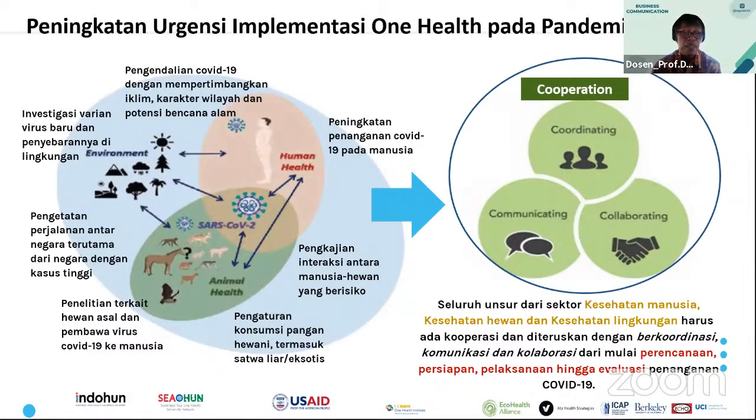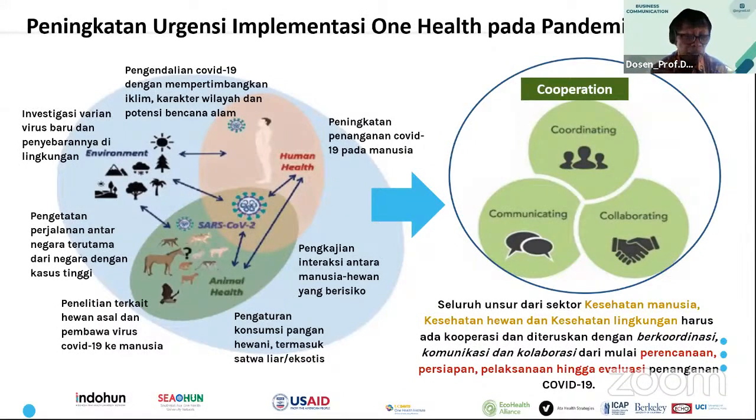We should respect their culture. And then the scientists, from medical and from veterinary, should identify whether there is a new variant of the viruses, and how we should control these diseases, this COVID-19.